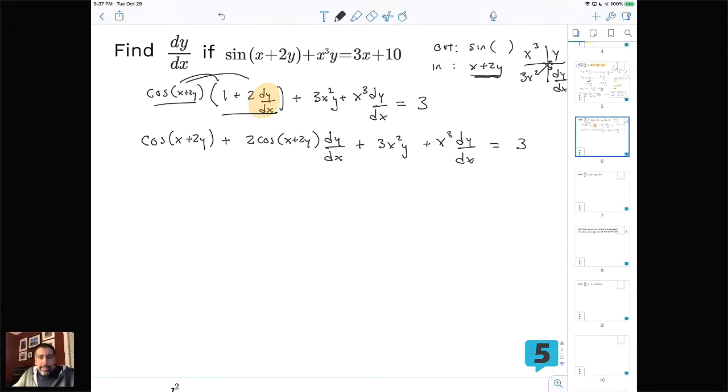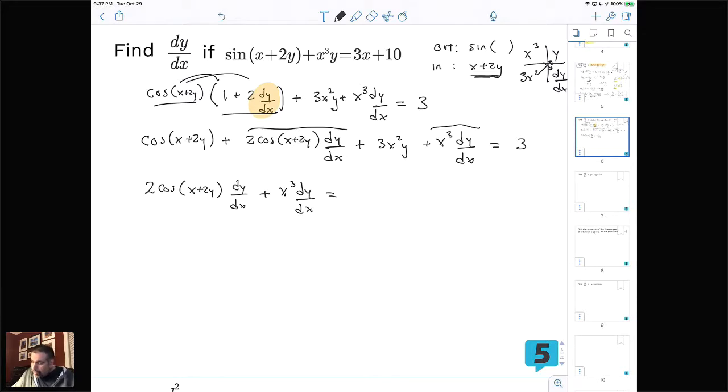And now we basically just have to set up one side to be the dy over dx side and the other side to be everything else. So since all my dy over dx's are on the left-hand side, I'm going to keep them there. So you're going to see me keep that 2 cosine x plus 2y dy over dx. And that's this term right here. I'm keeping that on this side. And then I'm going to keep the x cubed dy over dx on this side.